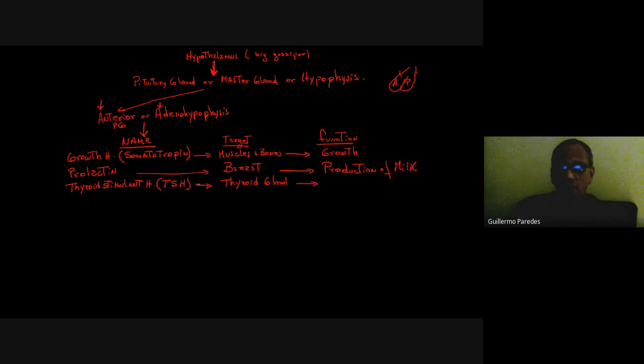The thyroid gland does not produce TSH. It's the TSH that stimulates the thyroid gland. TSH is the memo, the order coming from the pituitary gland towards the thyroid gland. And what the TSH does is make the thyroid gland produce T3 and T4. Okay?